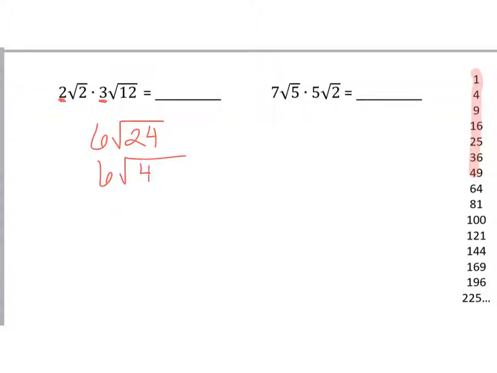So we change this to a 4 times 6. When the 4 comes out, it becomes a 2. So on the outside, I have what? 12. And on the inside, I have 6. So then we look over here. Is there anything that I can do with the 6? No. So that means 12 square roots of 6 is my answer.